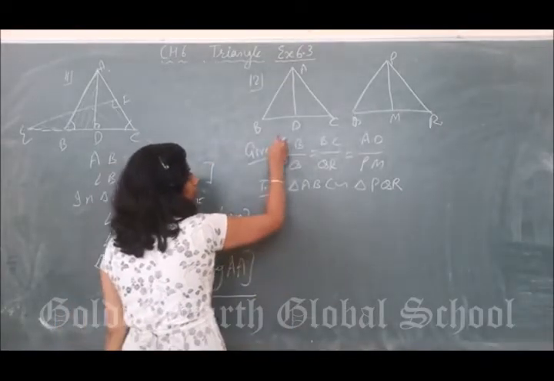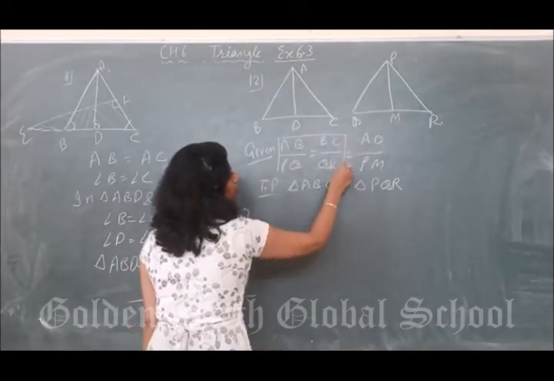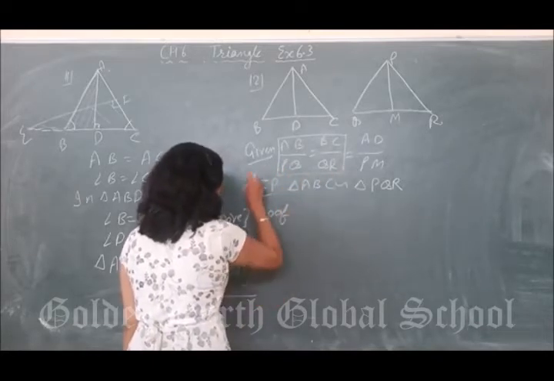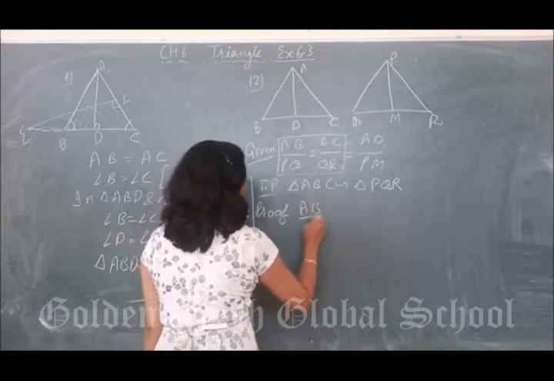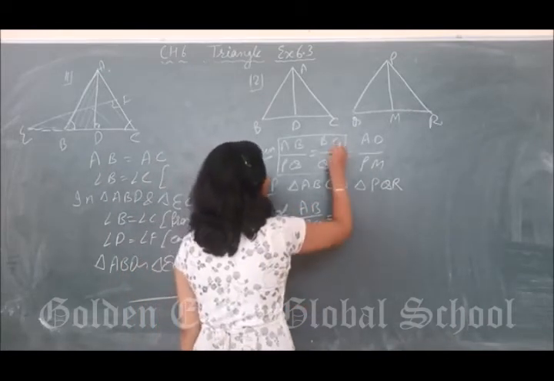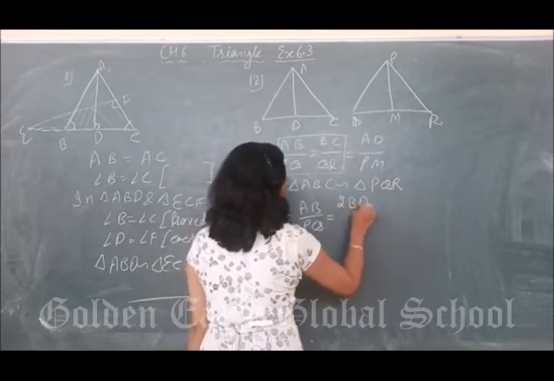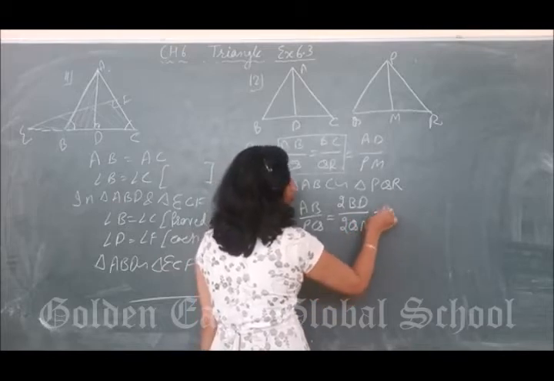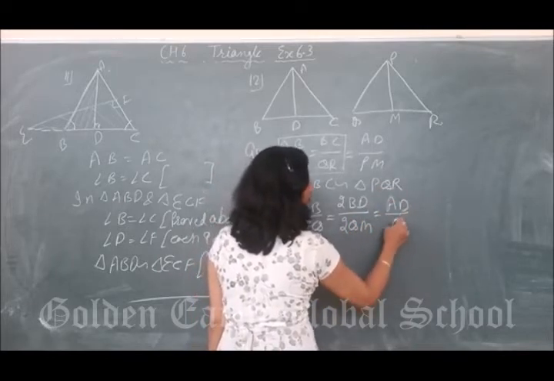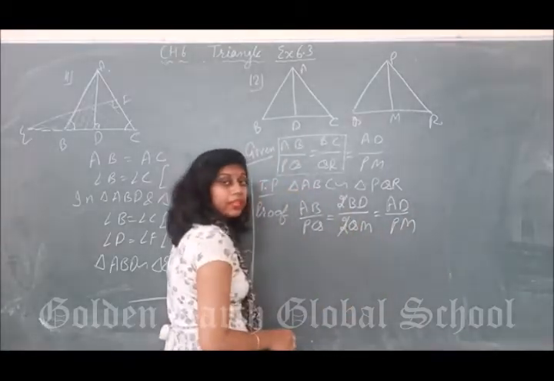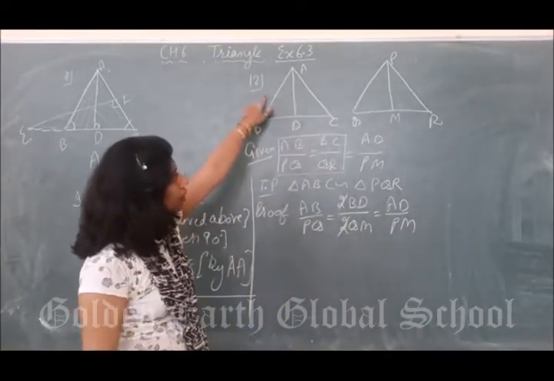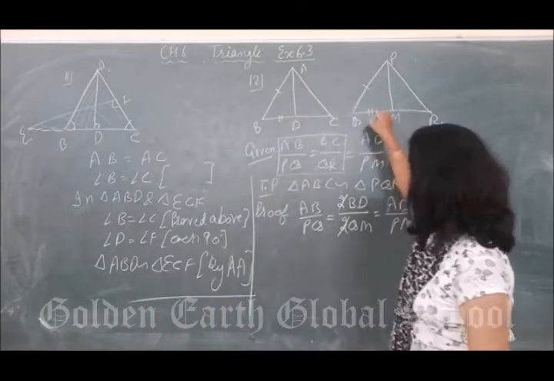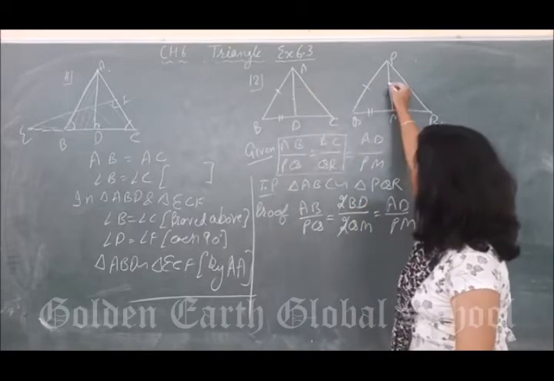We can consider this result, the first two terms. AB upon PQ. BC can be written as double of BD and QR can be written as double of QM. You can write down the third also. The 2 will be cancelled. Now see, AB upon PQ, BD upon QM, AD upon PM.